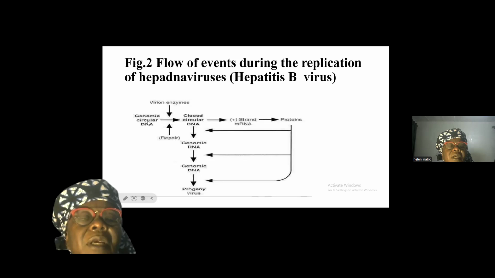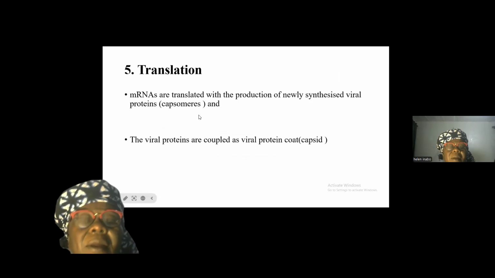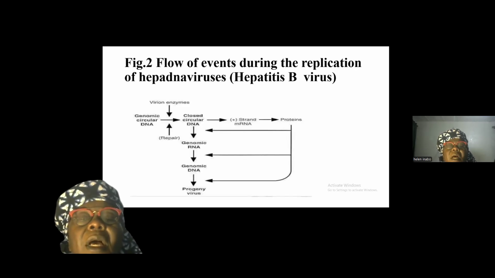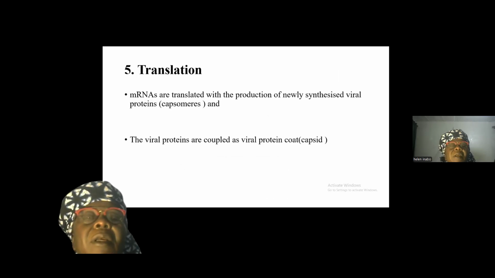There is the genomic circular DNA, which is repaired by viral enzymes into a closed circular DNA, which is transcribed into a positive strand messenger RNA, and then this is translated into proteins.